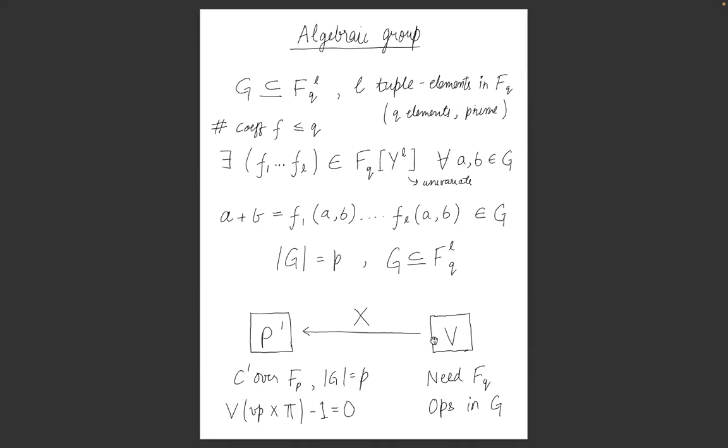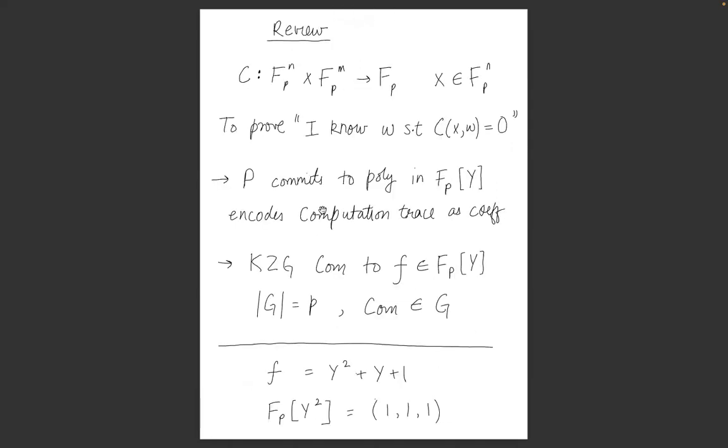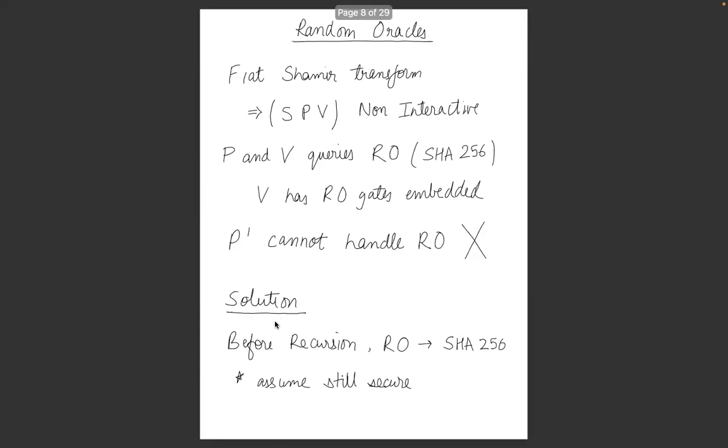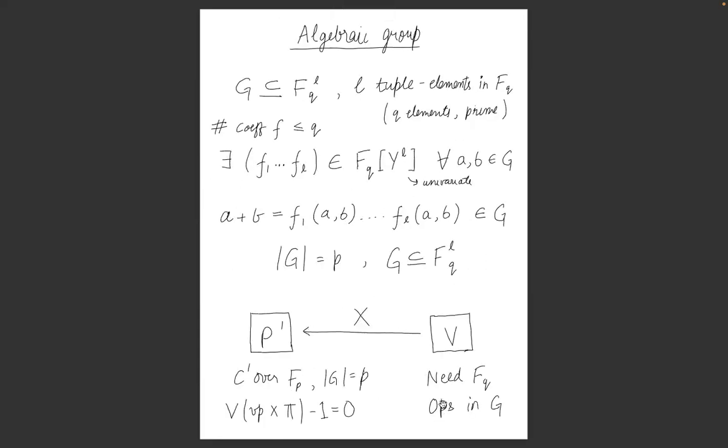Okay, let's start from the inner proof system. For the inner proof system, as we discussed before, the prover needs a group which has order P, so that it can encode the computational trace as these coefficients. But in order for the verifier to verify the proof, it has to do some operation in this group G. So the verifier would do these operations in group G, and the circuit of the verifier will be defined over FQ.